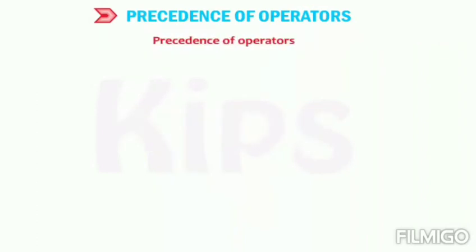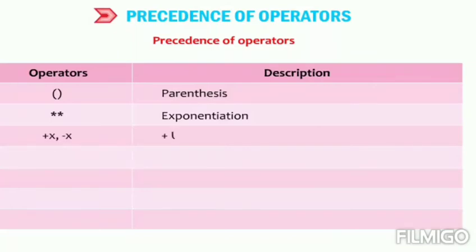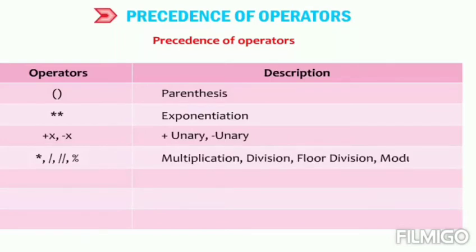Precedence of operators. Operators, description. Brackets, parenthesis. Double asterisk, exponential. Plus x, minus x, unary plus, unary minus. Asterisk, slash, double slash, percentage: multiplication, division, floor division, modulus. Plus, minus: binary addition, subtraction.